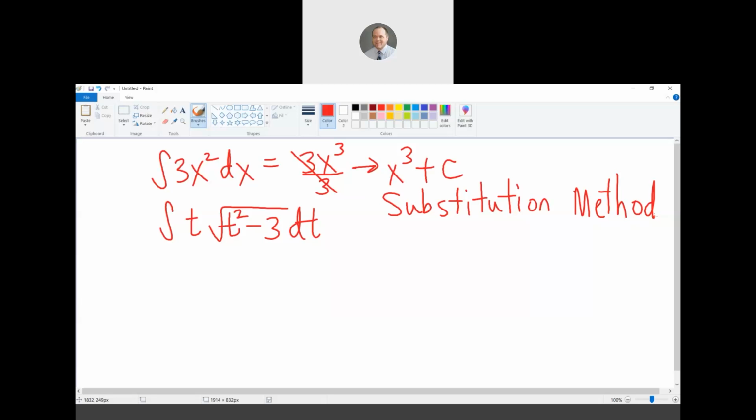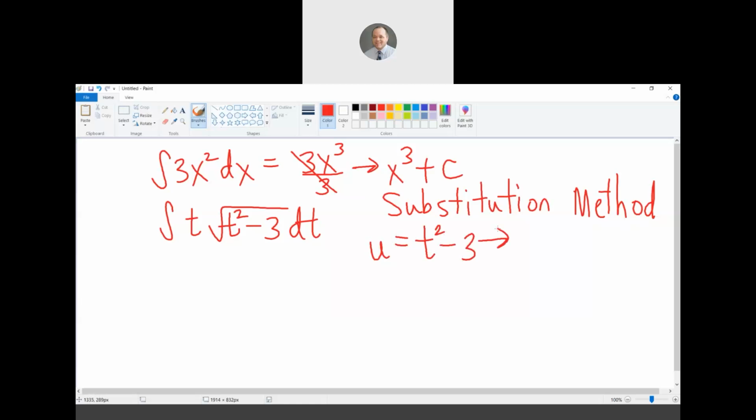And I'm going to use this second example to explain substitution. Typically, if you have a radical or if you have something raised to a power, then that's what you let u, as in ukulele, equal to.